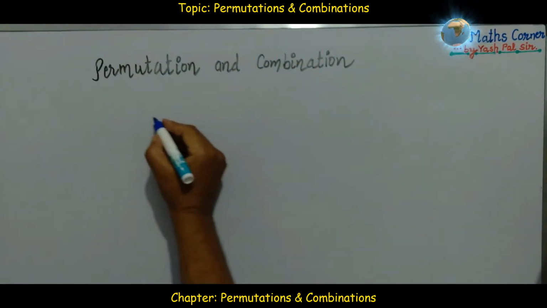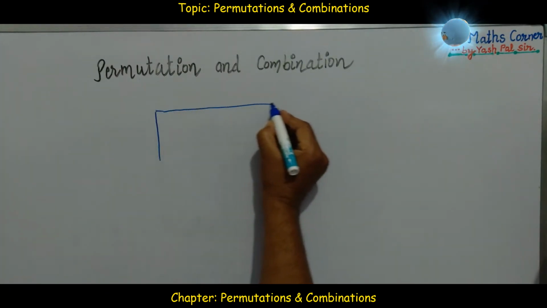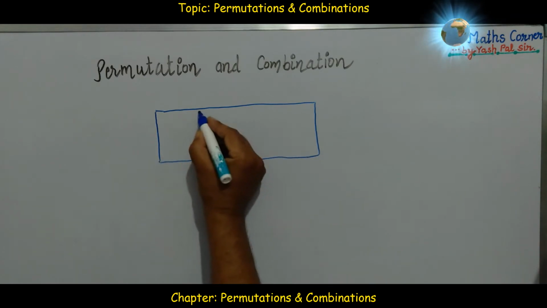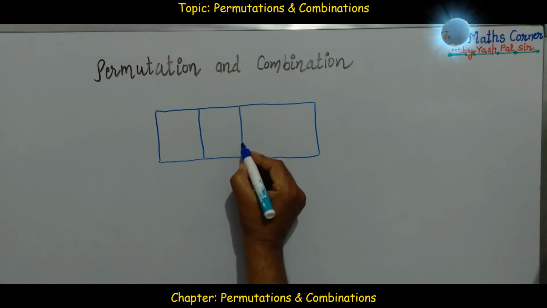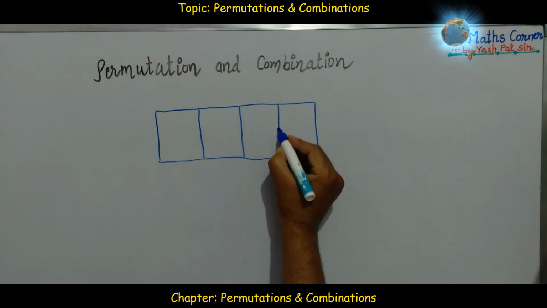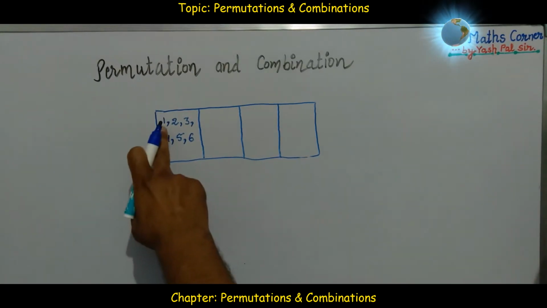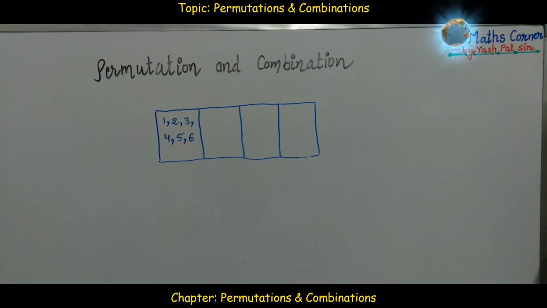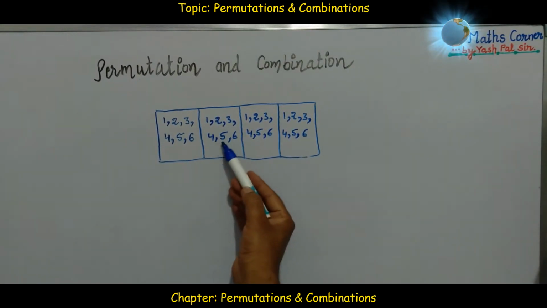Now let us see how we can plan to open this lock. The first ring contains the numbers 1 to 6. Similarly, the second ring also contains the numbers 1, 2, 3, 4, 5, 6.